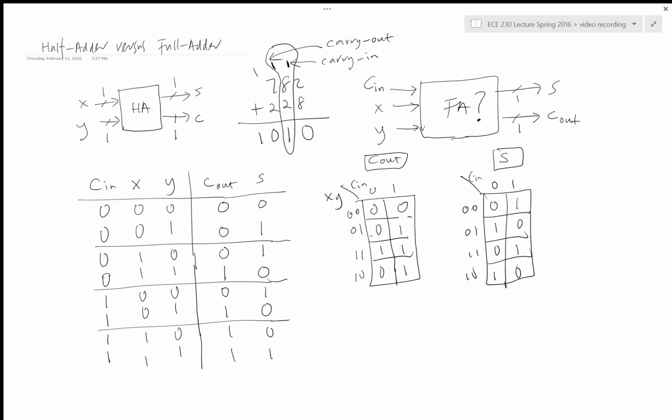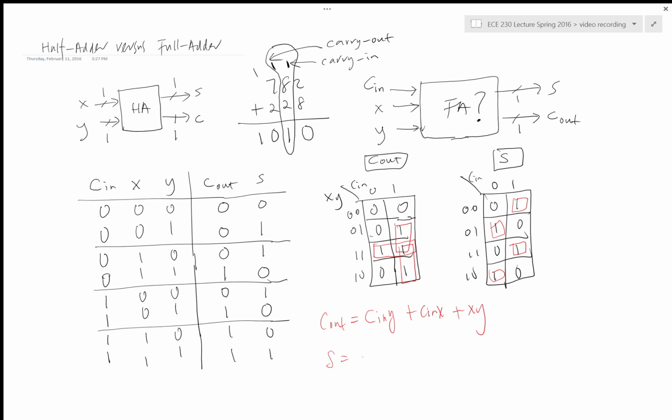Okay. So now we can write C out equal to, so it's actually this. This is the best you could do. So it will be C in Y, C in X, and XY. And for S, there's really not much simplification that you could do.